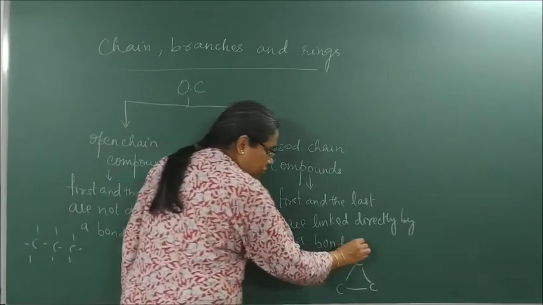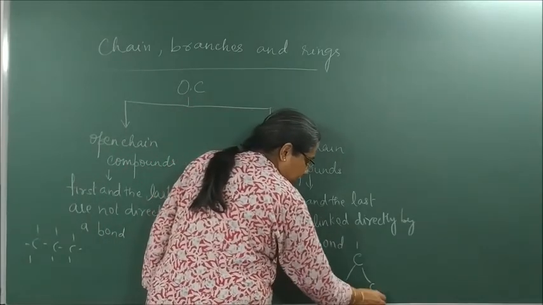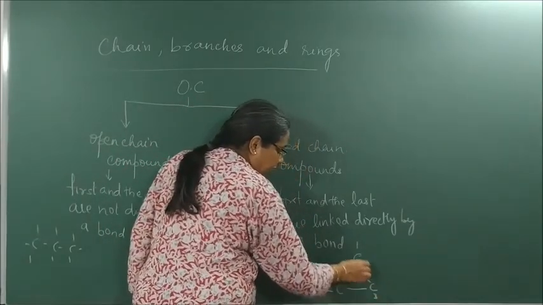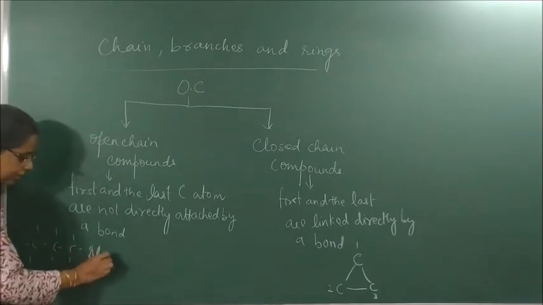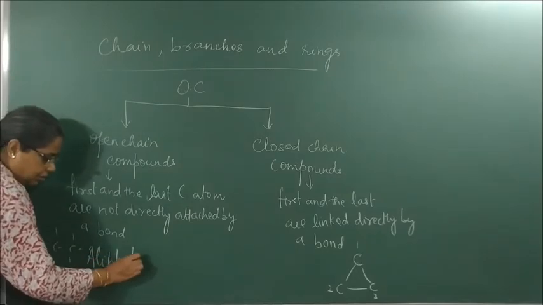So this is number 1, this is number 2, now number 3. 3 and 1 are directly attached to each other by a bond. Such compounds are closed chain compounds. Open chain compounds are also called aliphatic compounds.